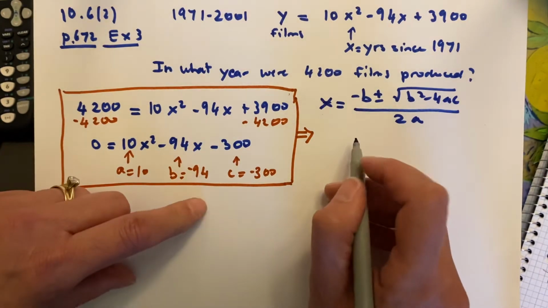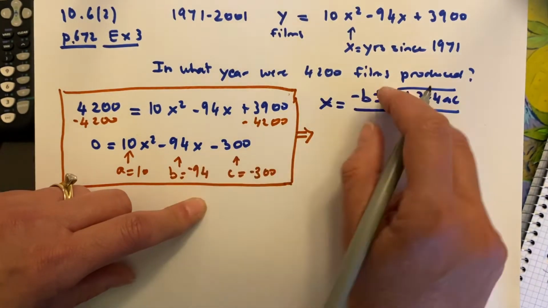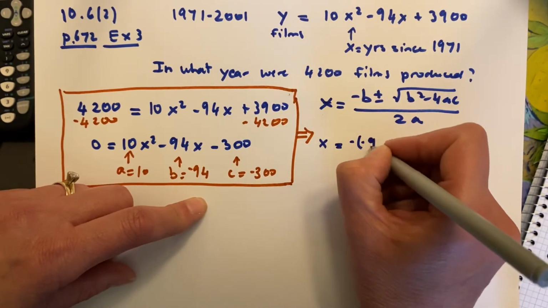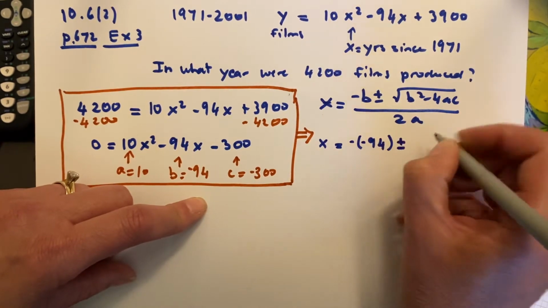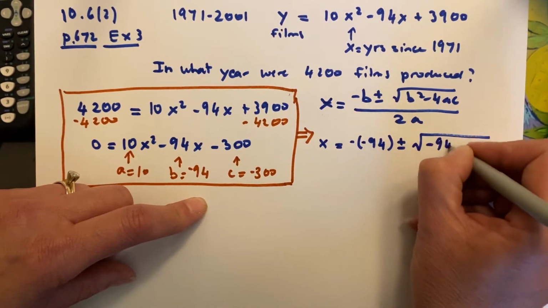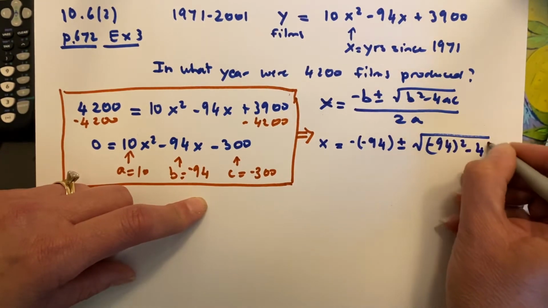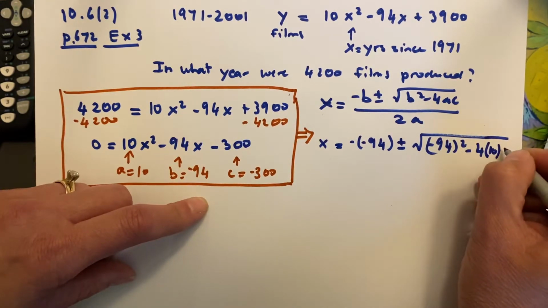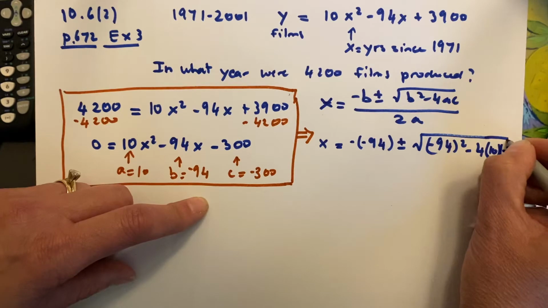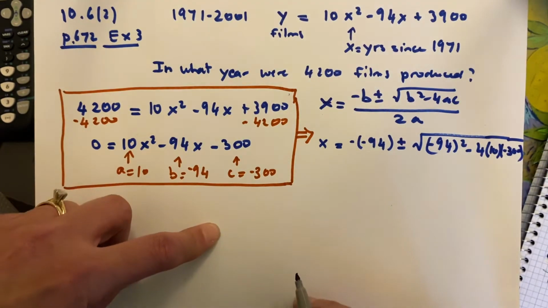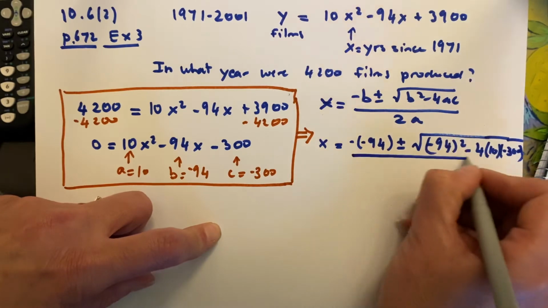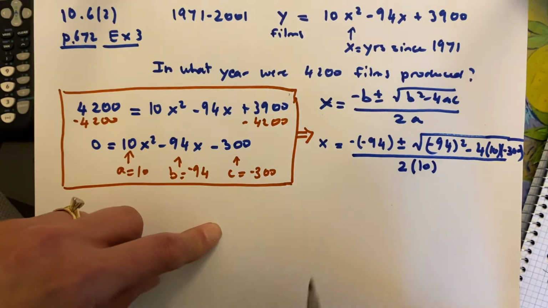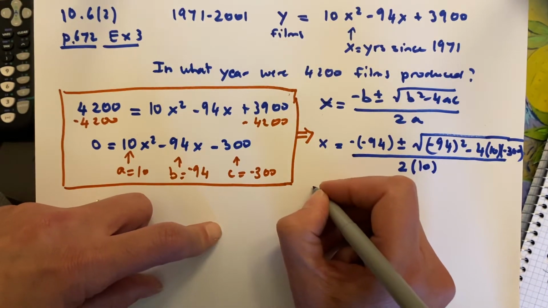So there's my quadratic formula, and I'm going to put a, b, and c where they belong. x equals negative b, negative 94, plus or minus the square root of negative 94 squared minus 4 times a is 10, and c is negative 300. Almost off the page, but not quite. Over 2, and a is 10. All right, I now have all the numbers in, and I just need to simplify.